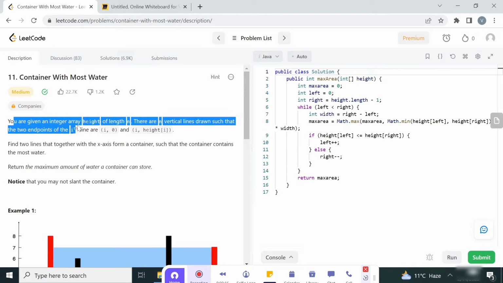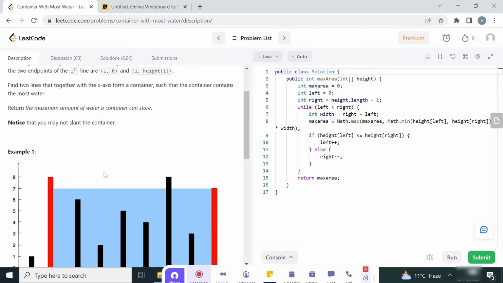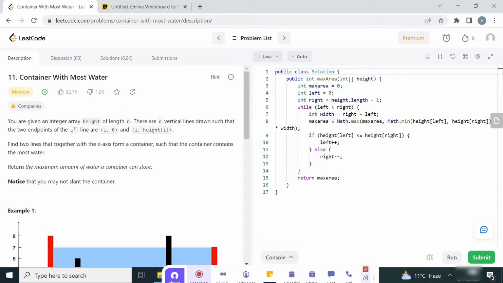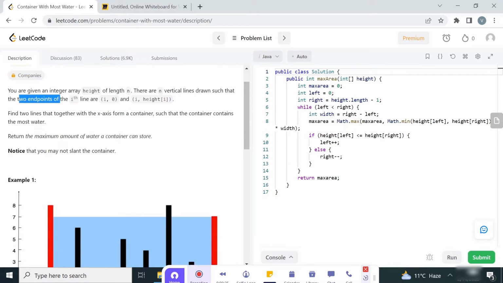We are given an integer array of height of length n. So there are n integers, and there are n vertical lines drawn such that the two endpoints of the ith line are (i, 0) and (i, height[i]).